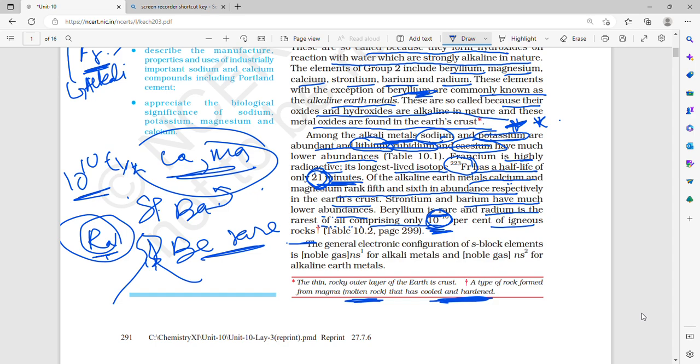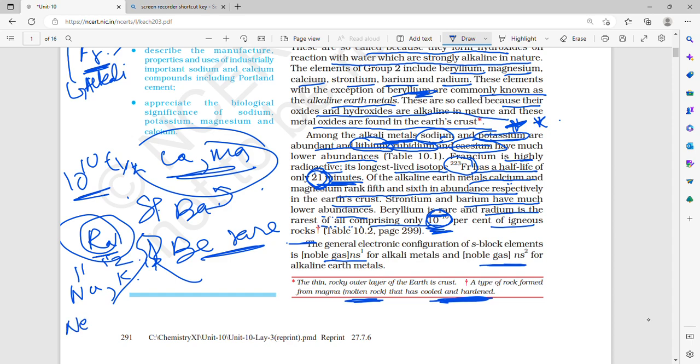The general electronic configuration of S block elements is noble gas, then ns1 for alkali metals, and noble gas ns2 for alkaline earth metals. So basically, let's say I have to write sodium and potassium. We know hydrogen, helium, lithium, beryllium, boron, carbon, nitrogen, oxygen, fluorine, neon, and this is 11, 12.